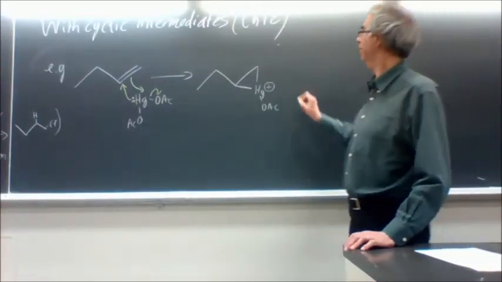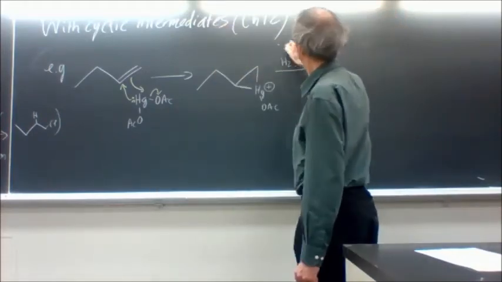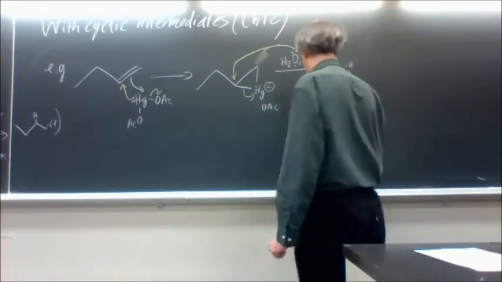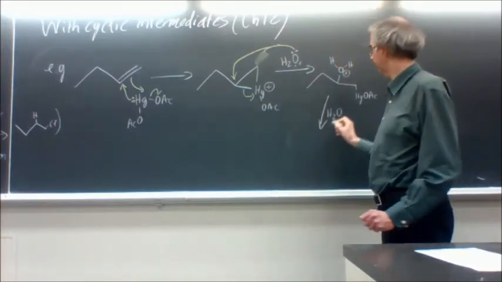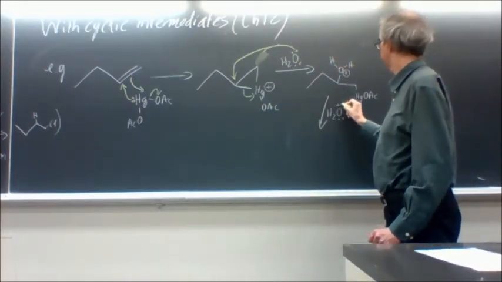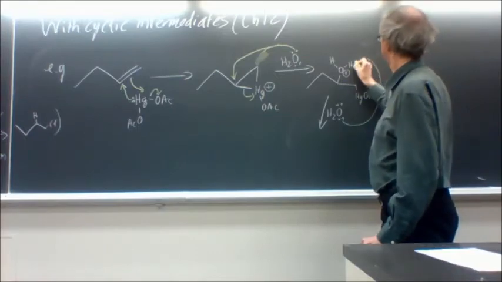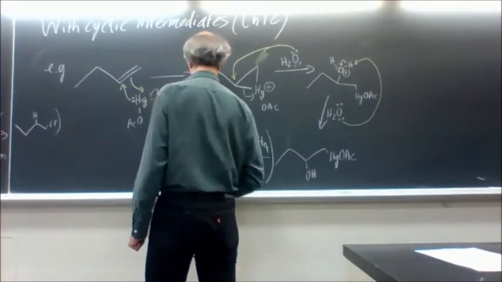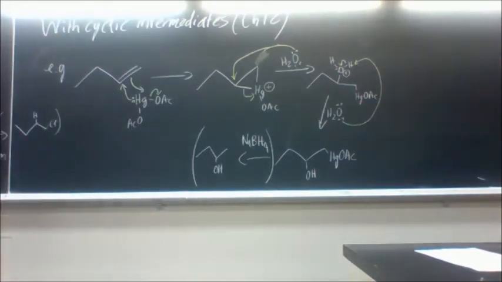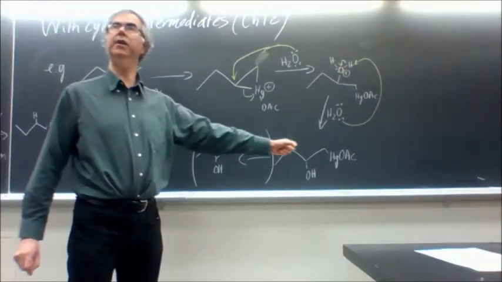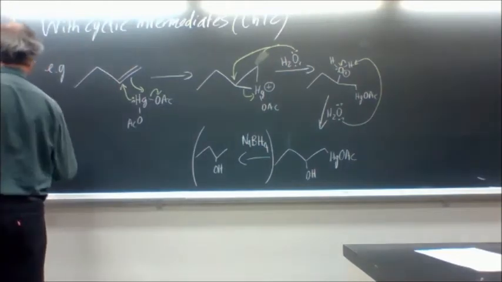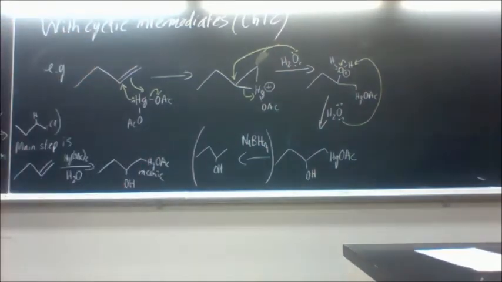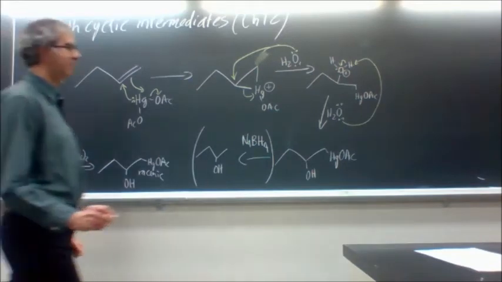If it's in water, and then this just does an acid-base reaction to become neutral. There's a second step usually done to remove the mercury off here. So this is racemic.